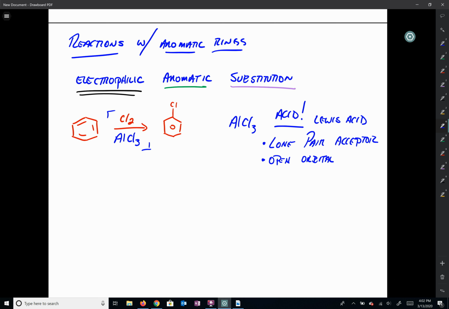We're going to want this Lewis acid to be electron deficient. A less fancy way of saying that is we want this to have a partial positive charge. If we can make our deficient open orbital more positive, then it's going to be easier for this to react.